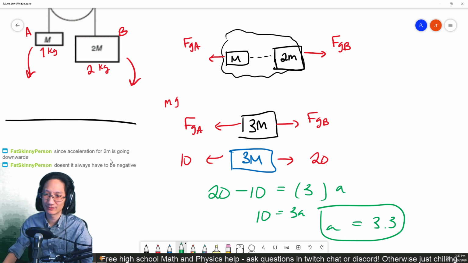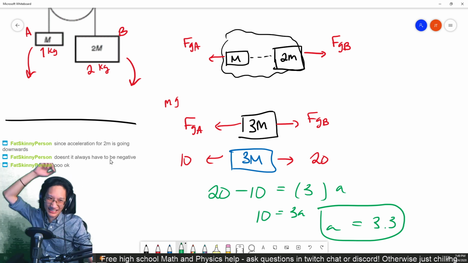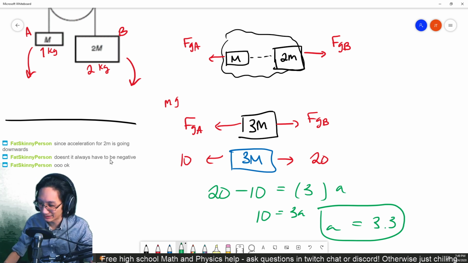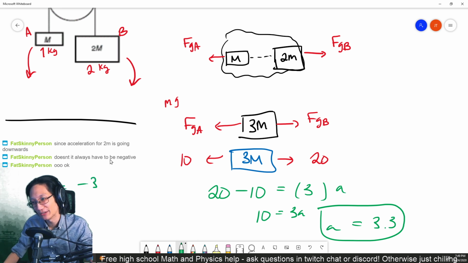So that's why the phrasing of the question is kind of important. If they just ask you for the magnitude of the acceleration, you would just give the positive number. But if I was writing down the acceleration of B, I would say it's negative 3.3 meters per second squared. Personally, right?